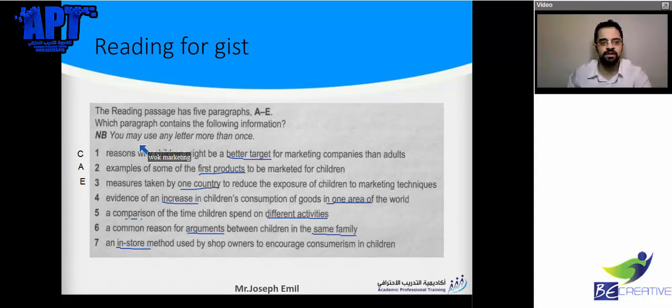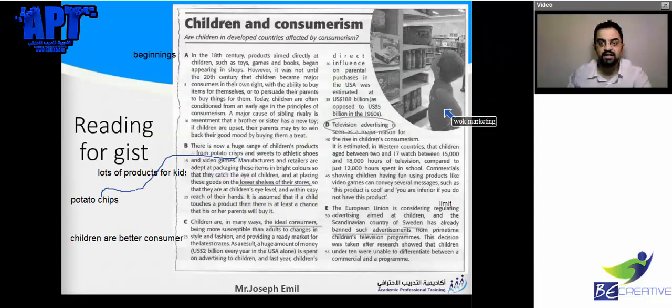Evidence of an increase in children's consumption of goods in one area of the world. An increase in kids' consumption, maybe. So we're talking lots of products for kids, maybe, or television advertising. Let's take a look. So it's in a huge range. This is one of the difficult questions.